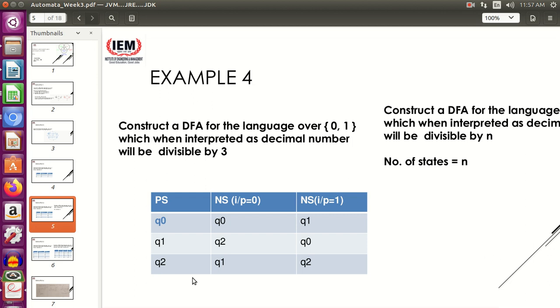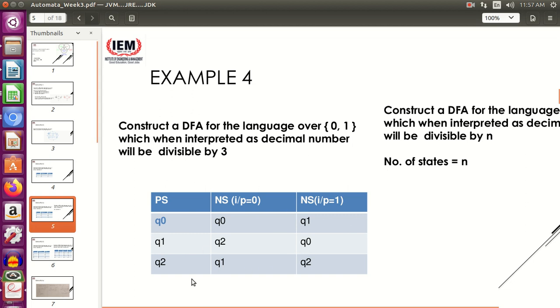Now what if you are given a higher number, divisible by 4, 5, 6, 7, 8, anything can be given? It will be a long process to check one by one which number is divisible by 4 or 5, and then prepare the DFA. So here also we have found a shortcut in the transition table.